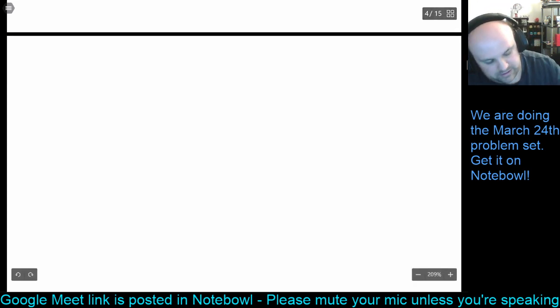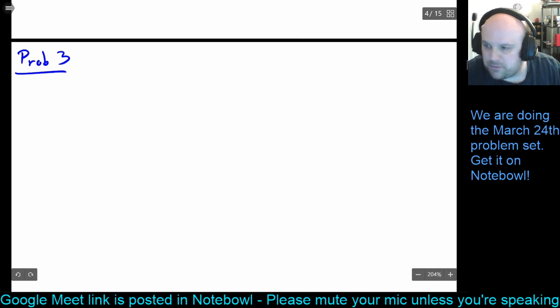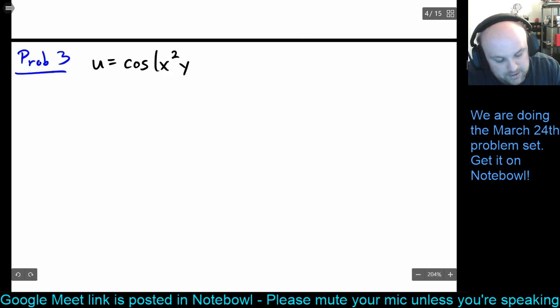If that's not true, then there's no reason the mixed partials have to be the same. But if we look at this function here in problem 3, our function is u equals cosine of x squared y.